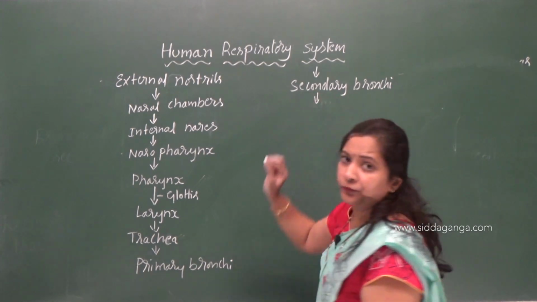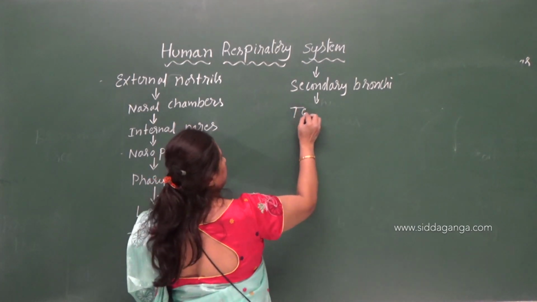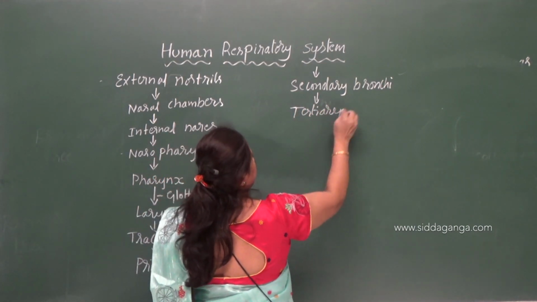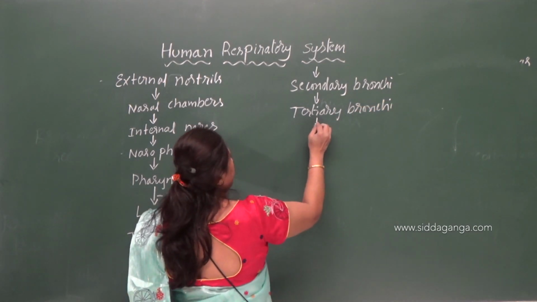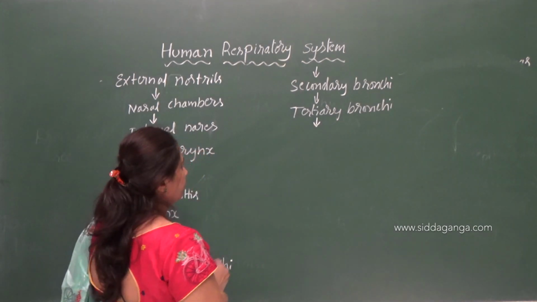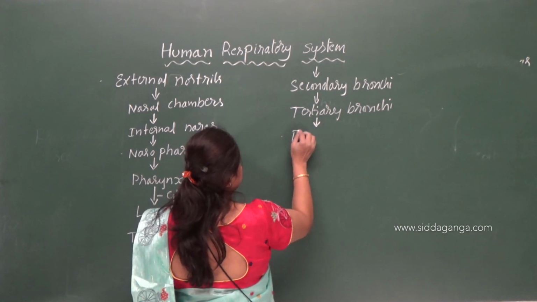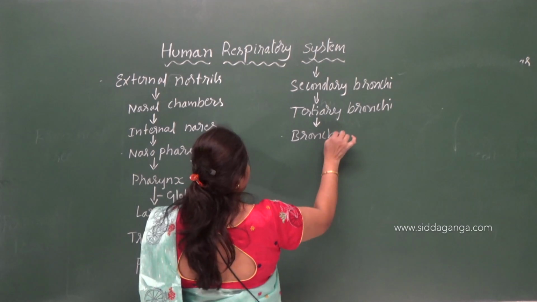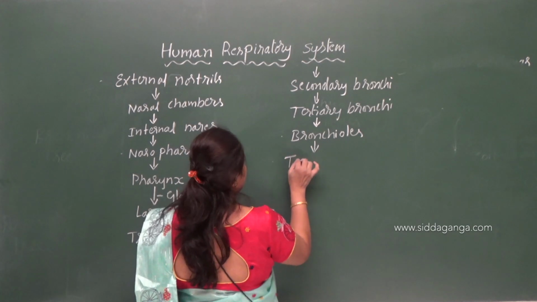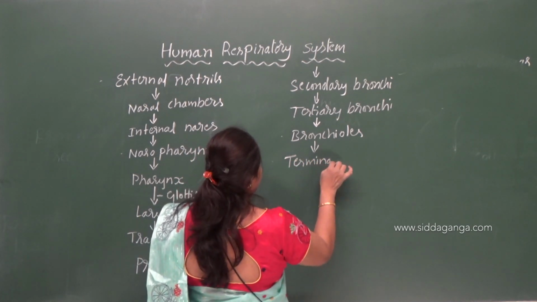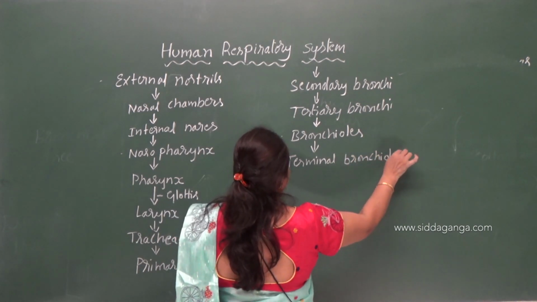Secondary bronchi into tertiary bronchi. Tertiary bronchi further divide to form bronchioles. The bronchioles further divide to form terminal bronchioles.